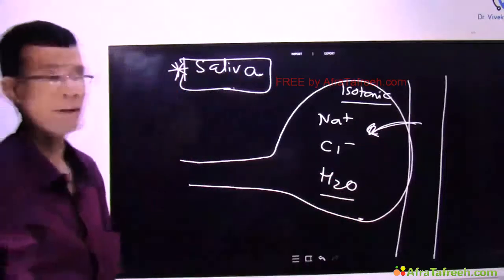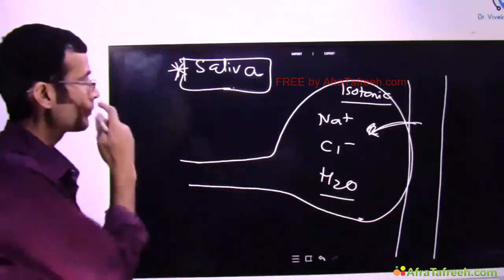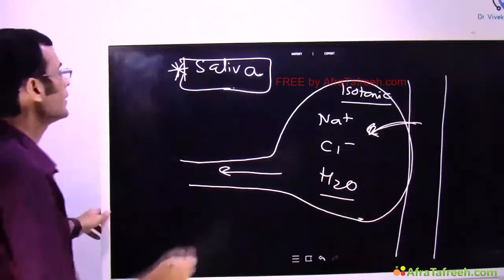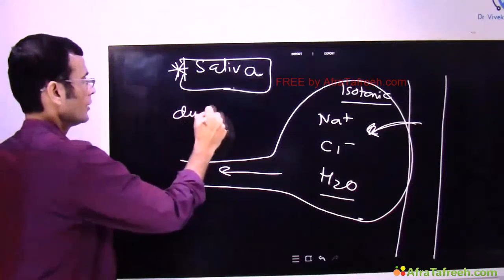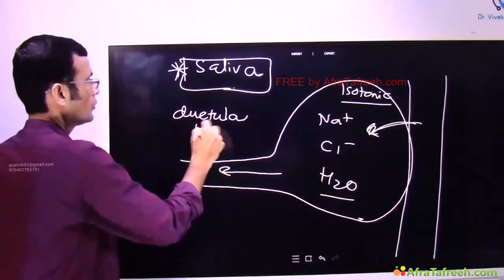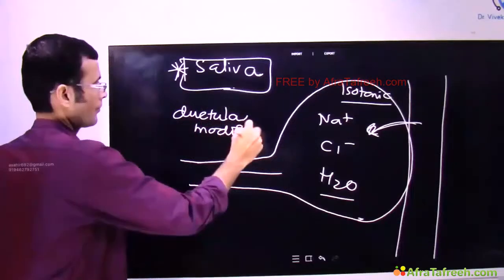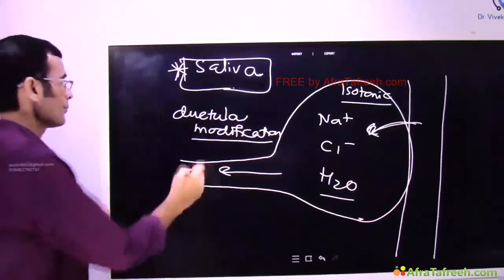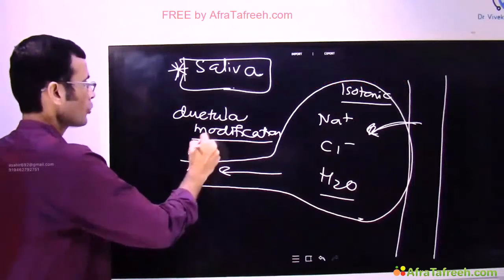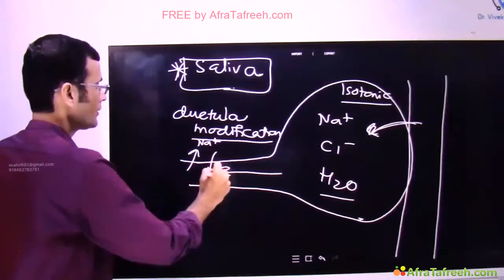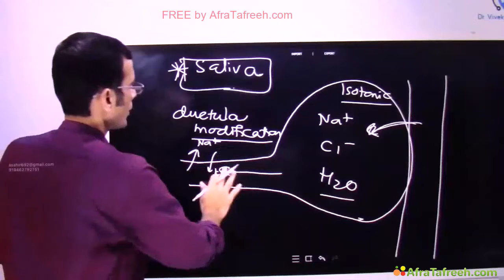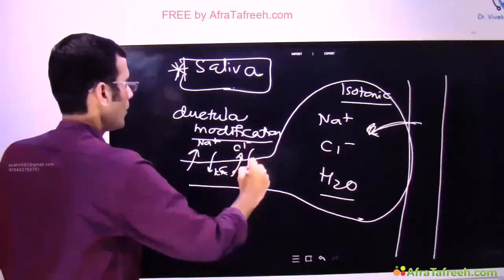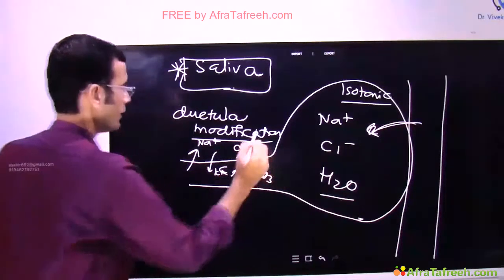But then, as it starts flowing through the duct, there is ductular modification. That is, sodium is reabsorbed and potassium is secreted. Chloride is reabsorbed and bicarbonate is secreted.